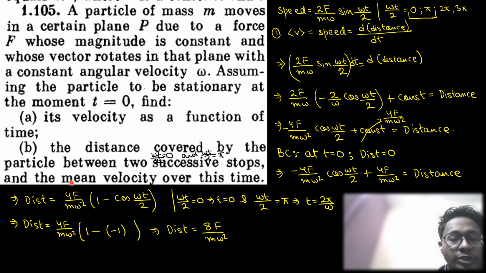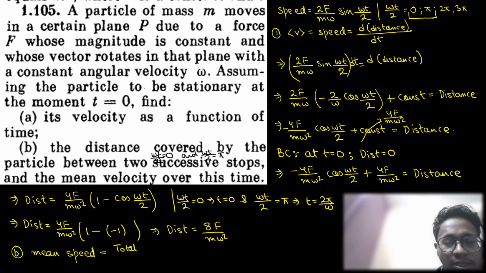The fourth part of the question was to find the mean velocity over this time. So part B 2, mean speed. Here it is asking for mean speed, which is equal to total distance traveled divided by total time. What is the total distance traveled? 8f by m omega square.